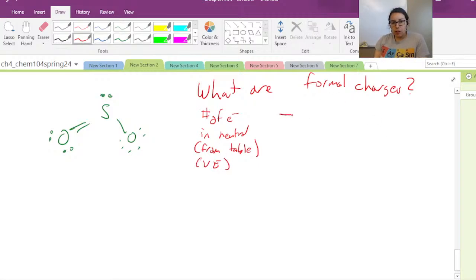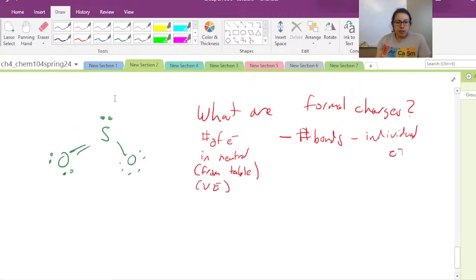And then to get our formal charge, we take that number minus the number of bonds, and then minus the individual electrons. You might see different variations of the formula, because sometimes they say number of lone pairs times 2. That's why I say count the individual electrons.